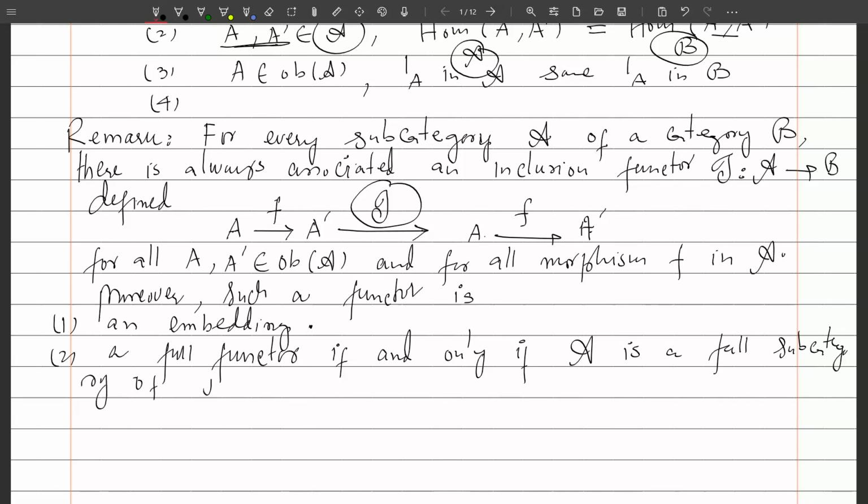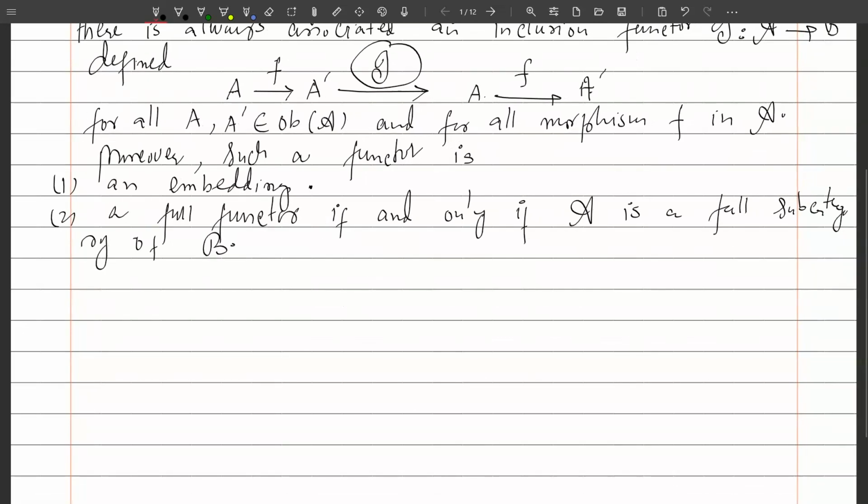I think it is better to recall what we mean when we say a functor is an embedding, or when we say a functor is full or faithful. Recall, we have a category, say A. We often denote its object class by Ob(A), and the set of all morphisms in A, the morphism class, by Mor(A).